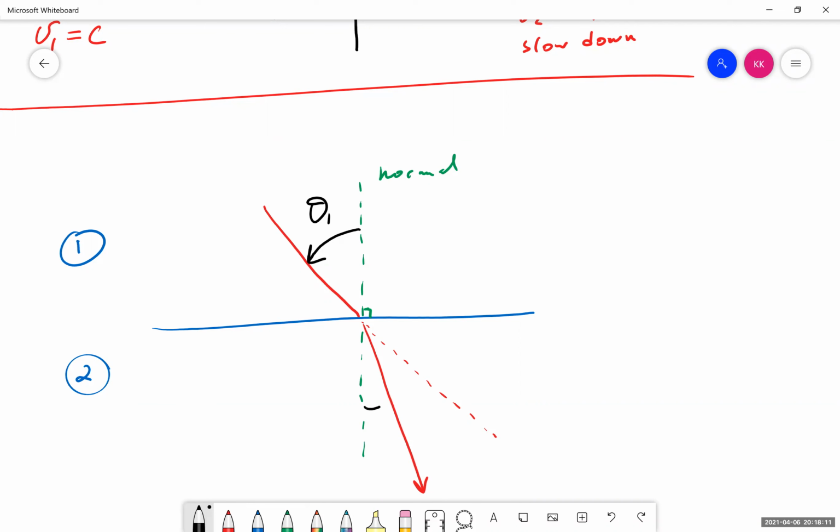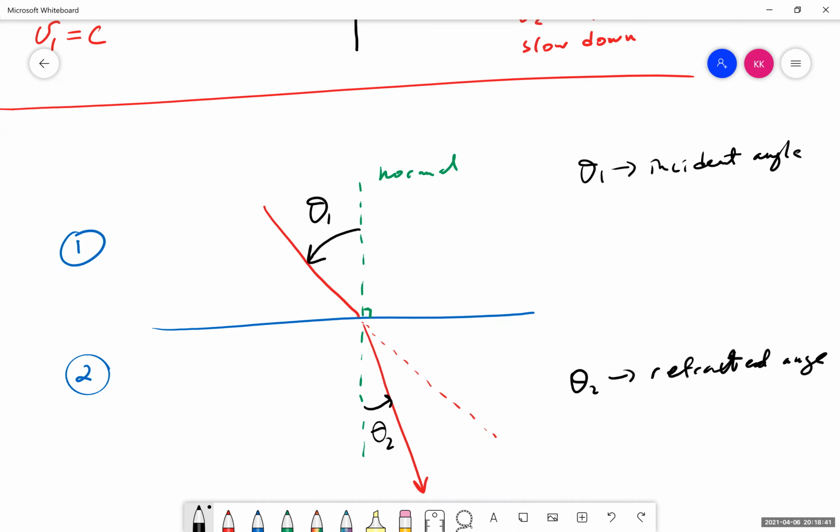Then if I measure the angle of the refracted light relative to the normal line, I can represent that angle as theta 2. Theta 1 is the incident angle, or angle of incidence, and theta 2 here is the refracted angle, sometimes known as the angle of refraction.